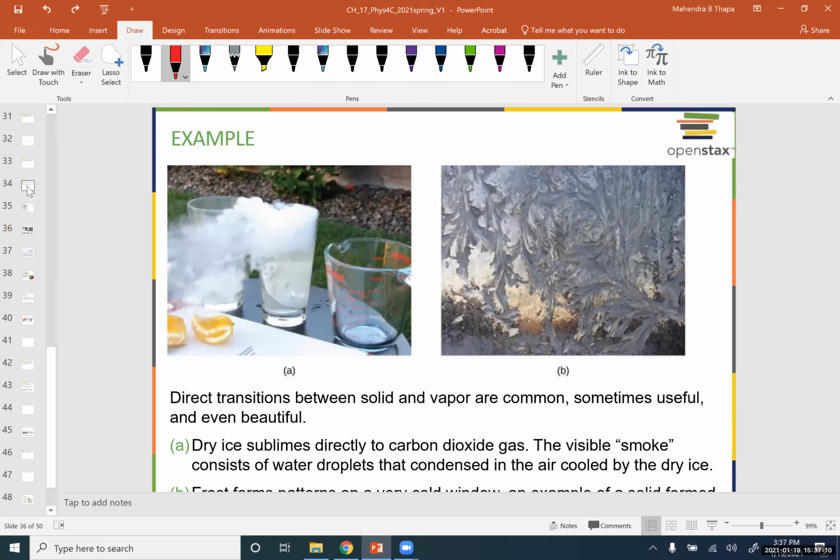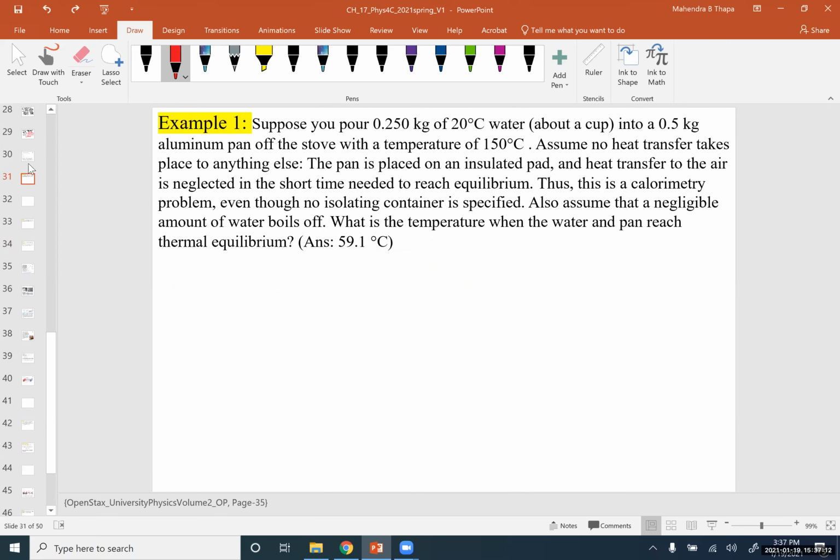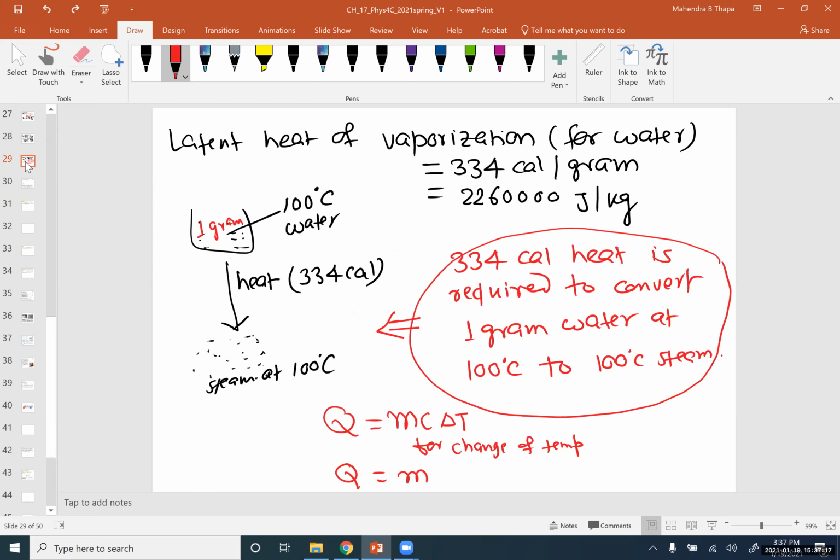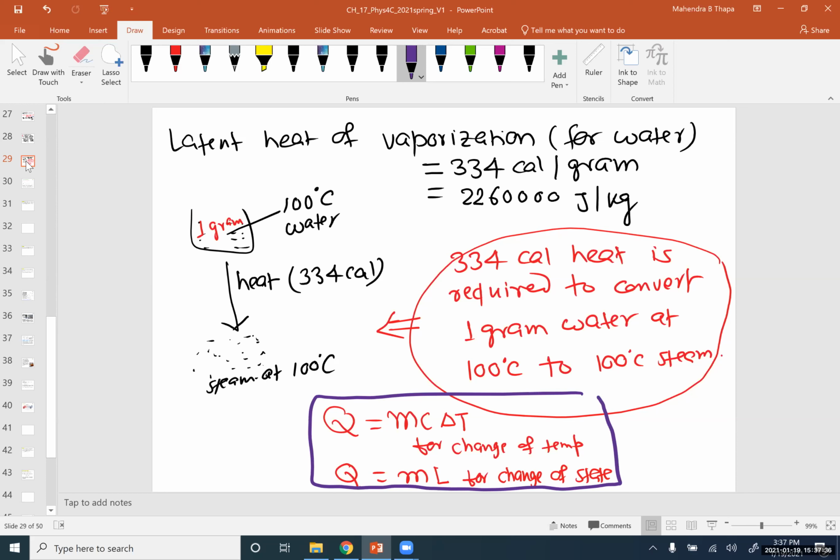So in this topic, calorimetry, we use these two equations for a change of temperature or a change of state.